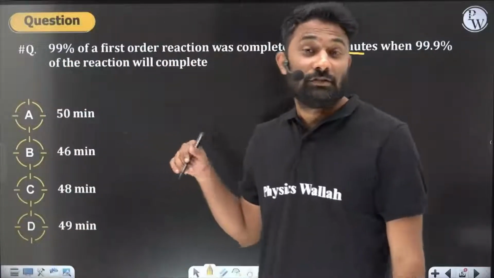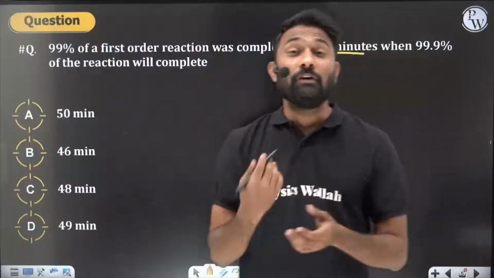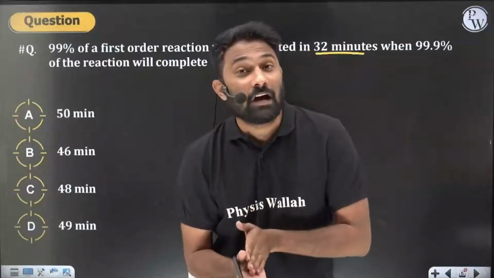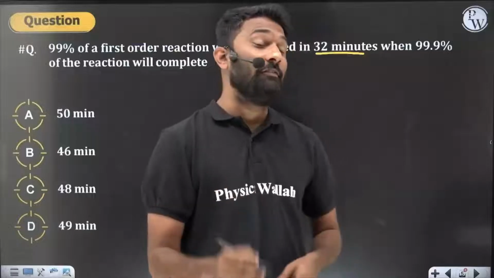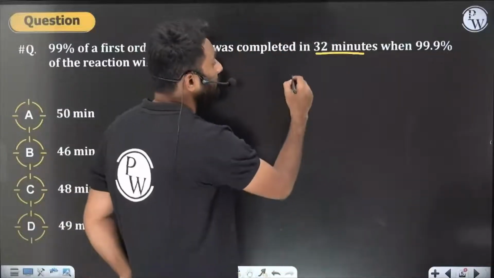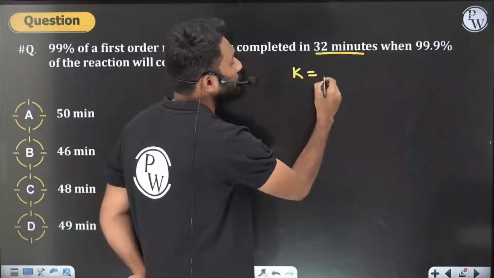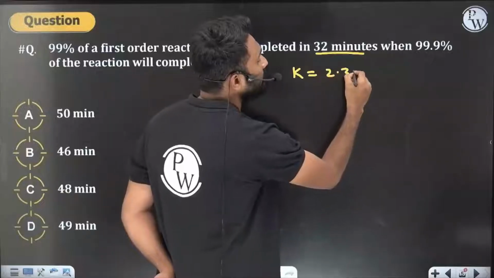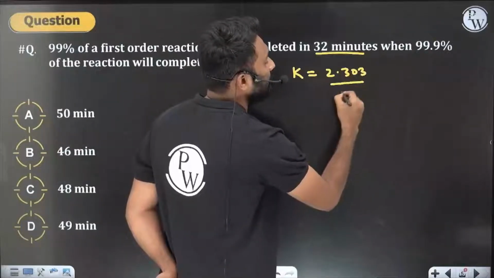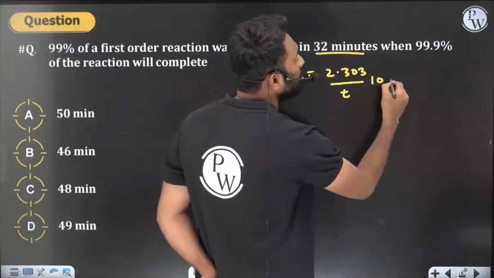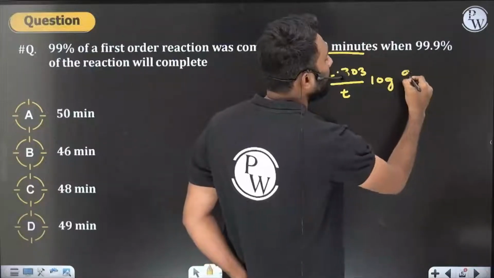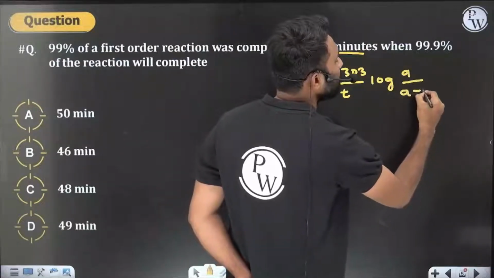Before solving this question, first we have to know the first order reaction formula. What is the first order reaction formula? k is equal to 2.303 by t log a by a minus x.